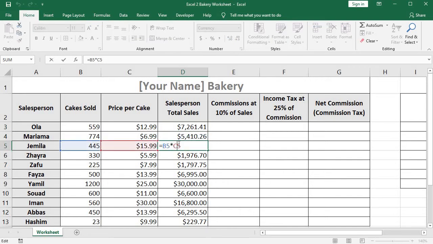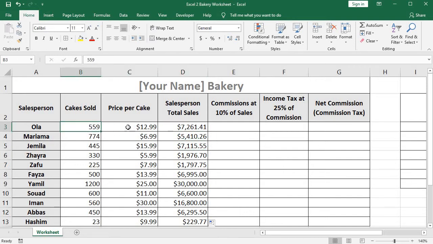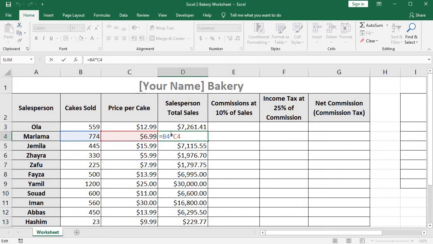Basically Excel takes it as a rule, right? You assigned this cell to be equal to B3 times C3, and then you copy this cell down here, and Excel will automatically assume that this is also going to be B4 times C4. And you can see that that makes your job a lot easier.